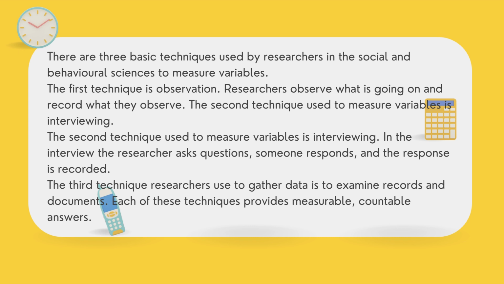In the interview, the researcher asks questions, someone responds, and the response is recorded. The third technique researchers use to gather data is to examine records and documents. Each of these techniques provides measurable, countable answers.